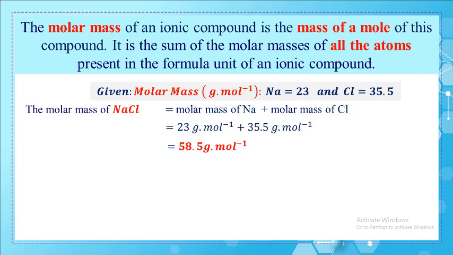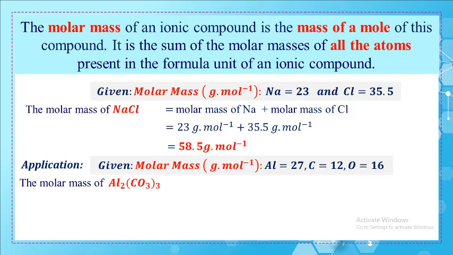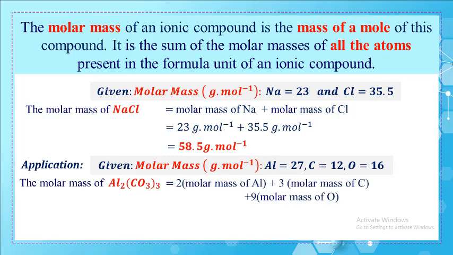It is the sum of the molar masses of all the atoms present in the formula unit of an ionic compound. Let's find the molar mass of Al2(CO3)3. It is equal to 2 molar mass of Al plus 3 molar mass of C plus 9 molar mass of O, which is equal to 234 grams per mole.